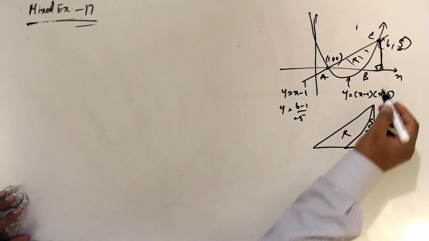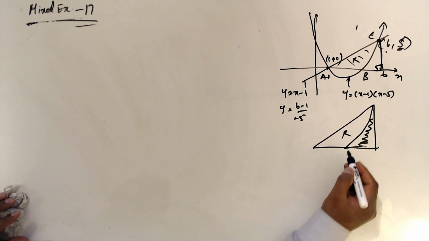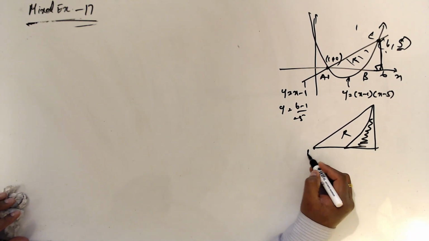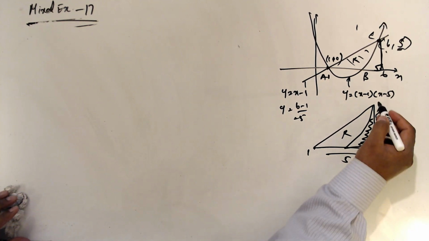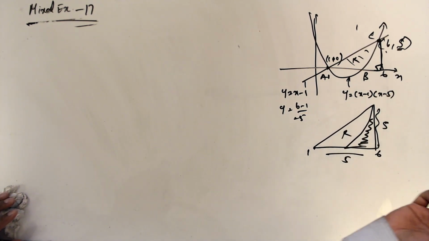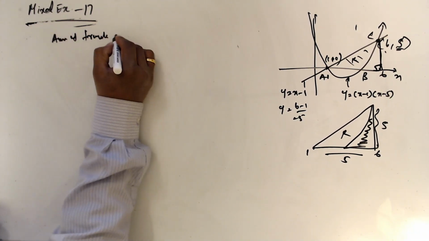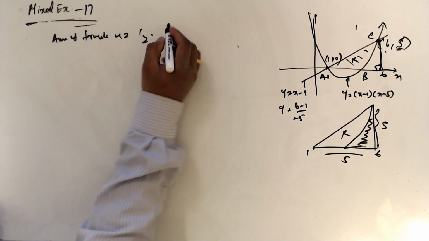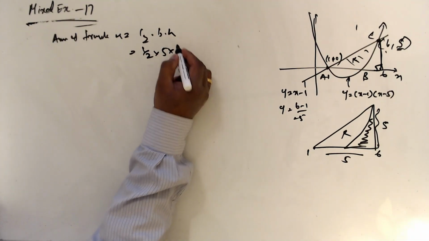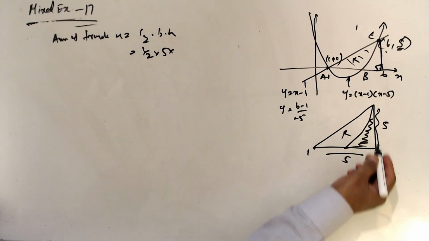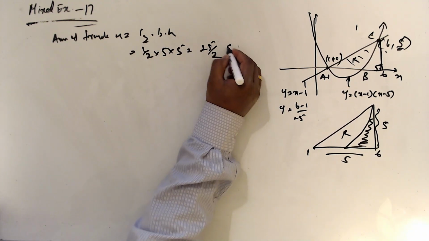So this is 1 and this is 6, hence this distance is 5. This coordinate is 5 and this height is 5. So area of triangle is half base times height. So half, base is 5 and height is also 5. So 25 over 2 square units.